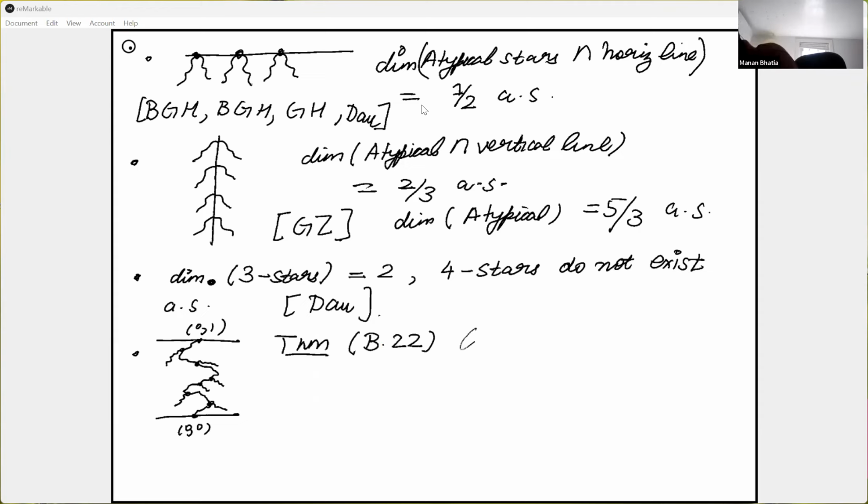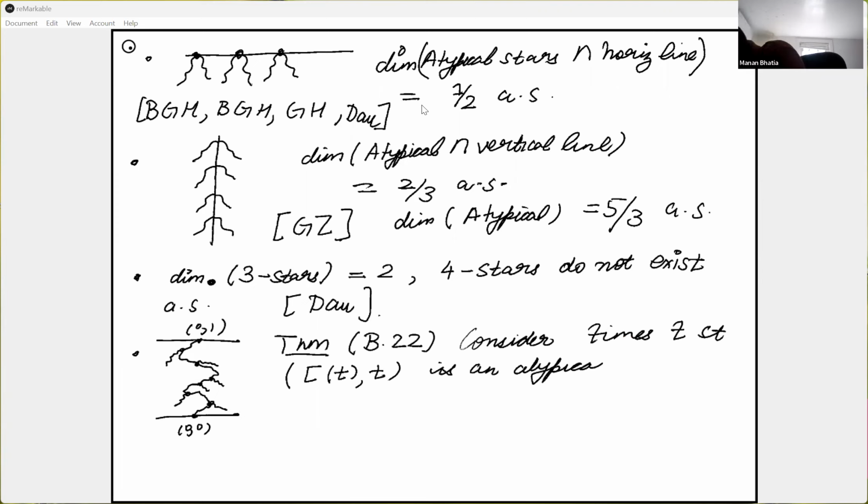Consider the set of times t such that, if I look at this geodesic, I just call it gamma, gamma(t) is an atypical star. Then the dimension of this set is equal to 1/3 almost surely.